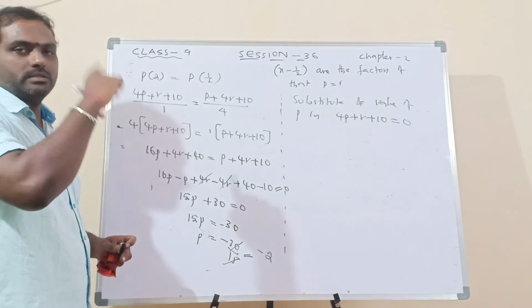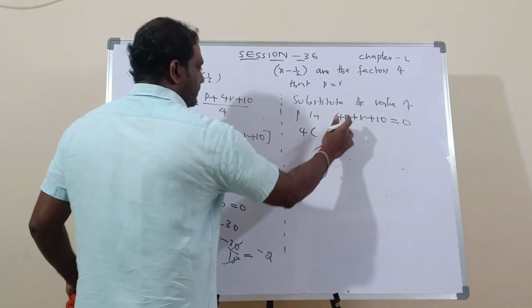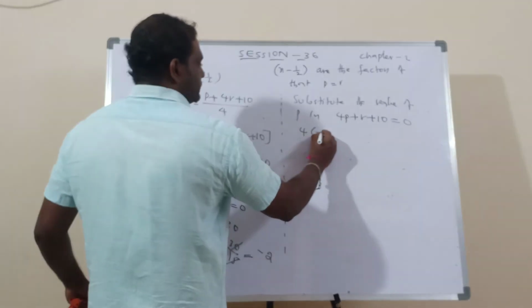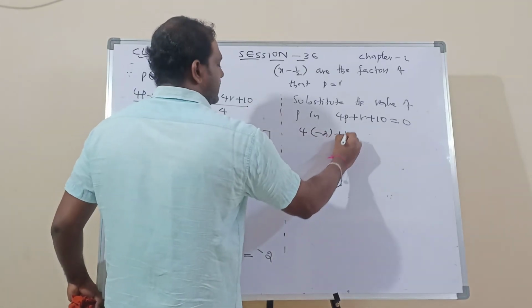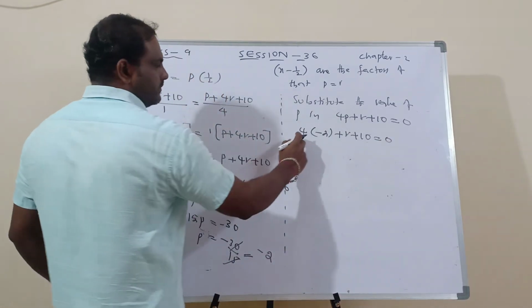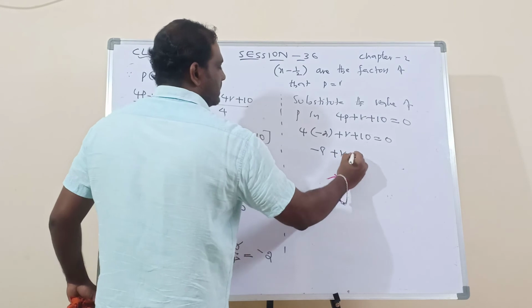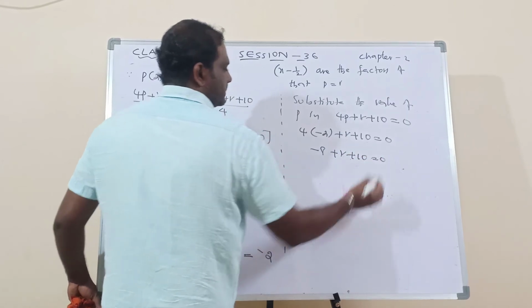Why? Because already it's a factor. So what is the p value? Minus 2. 4 2s are minus 8, plus r plus 10 is equal to 0.